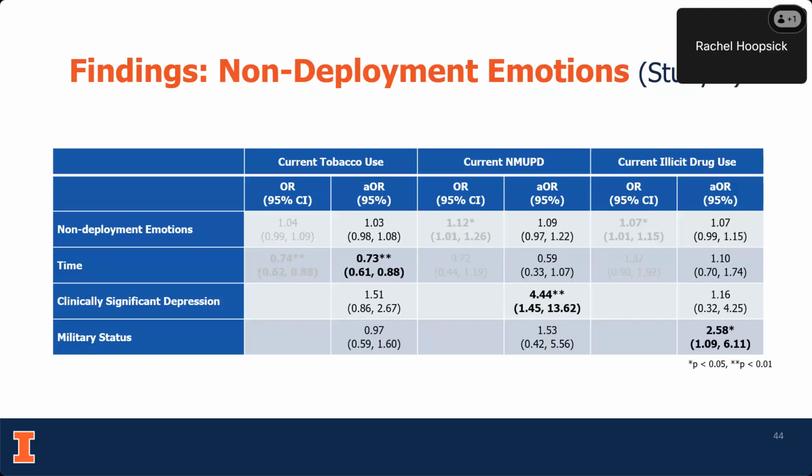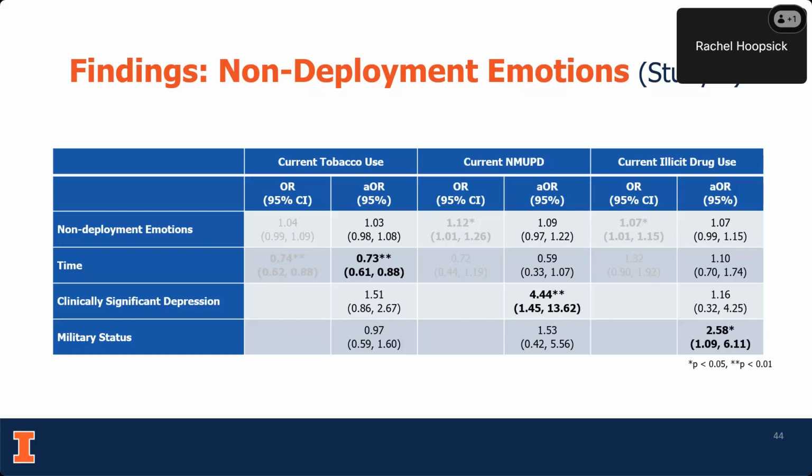After controlling for soldiers' depression and whether or not they were still currently serving in the military, because again, this is a longitudinal cohort study of reservists, one thing that inevitably happens is that folks leave the military during the course of the study, but they remain in our study. So we wanted to make sure that we were controlling for the effect of leaving the military. But after we did that, our main effects were no longer significant.